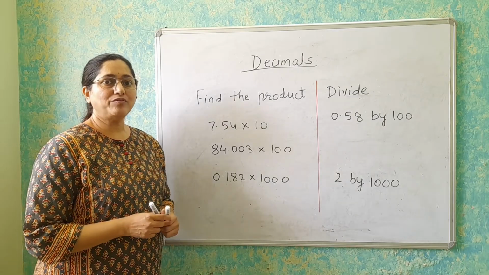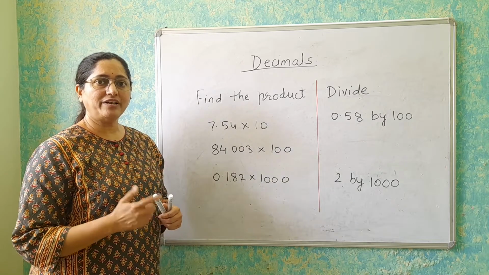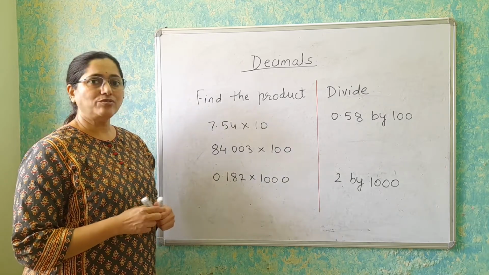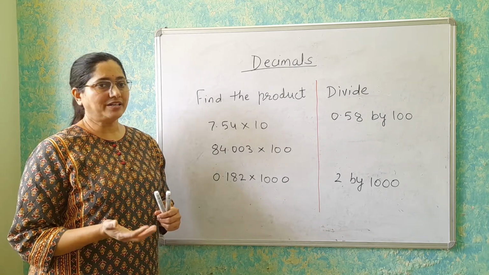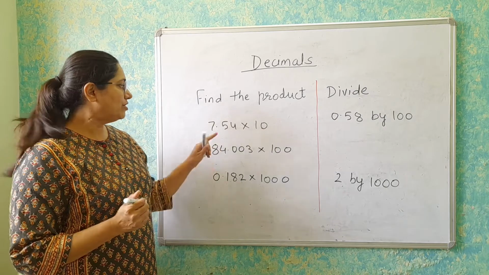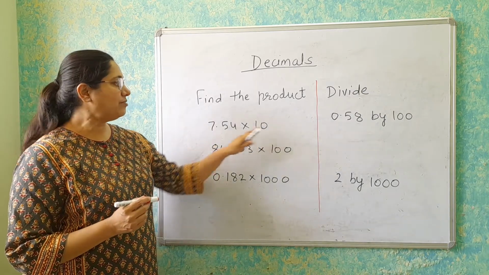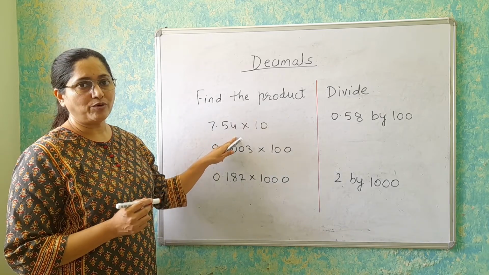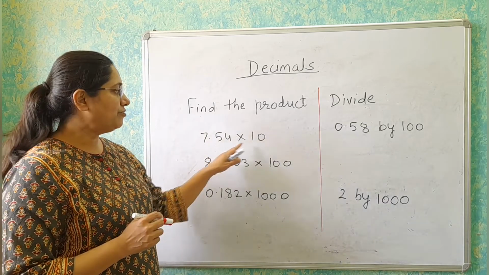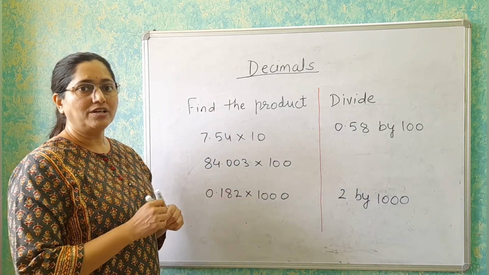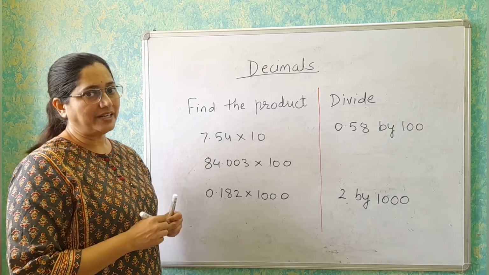In this segment, we will learn how to multiply and divide decimal numbers by 10, 100 or 1000. As you know, whenever we multiply any number, the answer will be greater than the first one. So if I am multiplying 7.54 with 10, the answer will be greater than 7.54. And whenever we are multiplying a decimal number with 10, 100 or 1000, we have to just shift the decimal point to the right hand side.